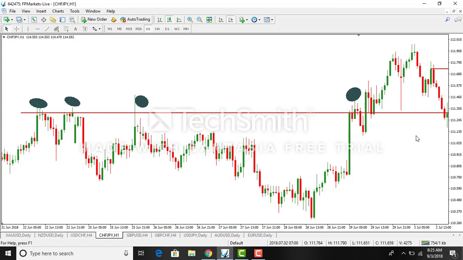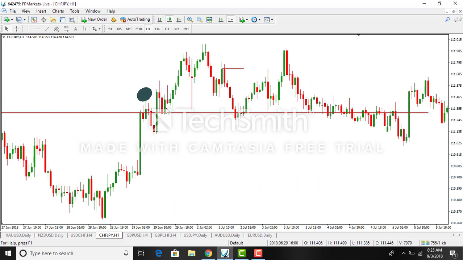So if we move to the right, I had drawn this line here to show the support turned into resistance. Now with price going down, there's a high probability that before it passes through to go all the way down here, price is going to dance around that support area that I drew from the past, which it did.